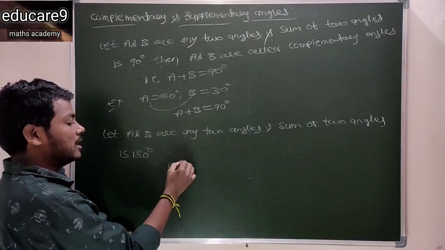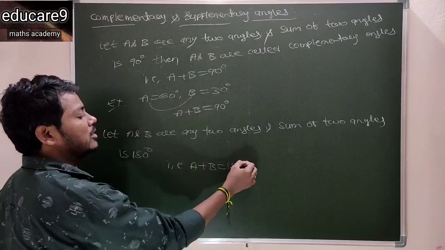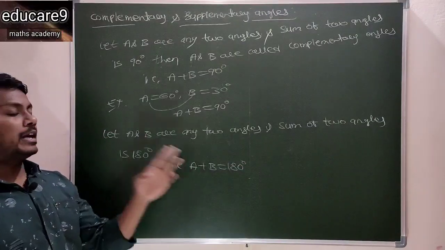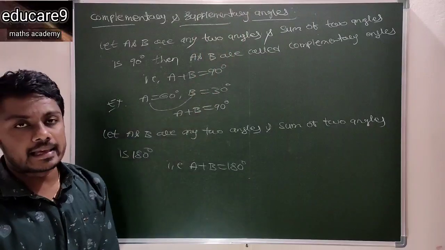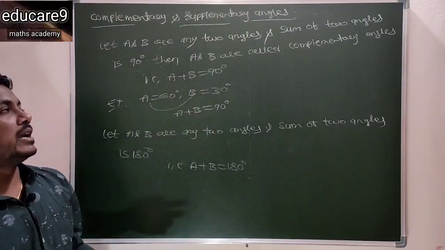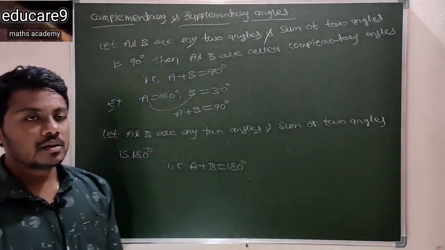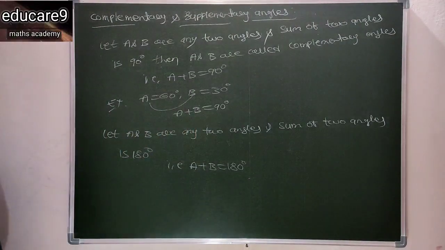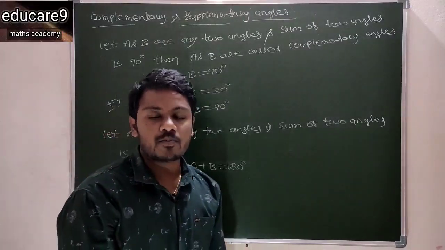That is, A plus B is equal to 180. Then we can say that A and B are called supplementary angles. Okay, so this is the definition of complementary and supplementary angles. So for the next session we will discuss more problems.